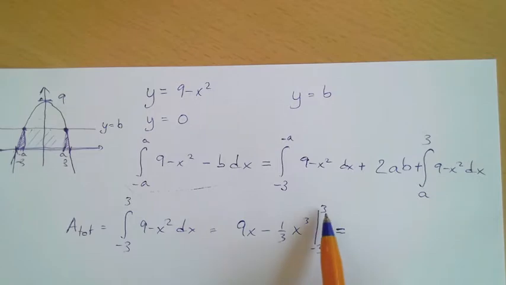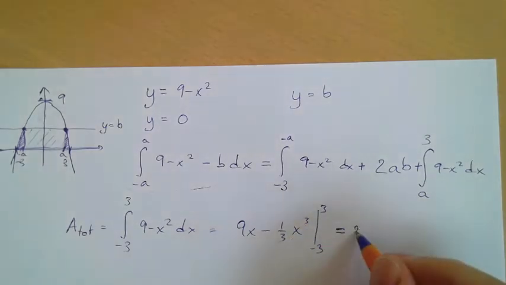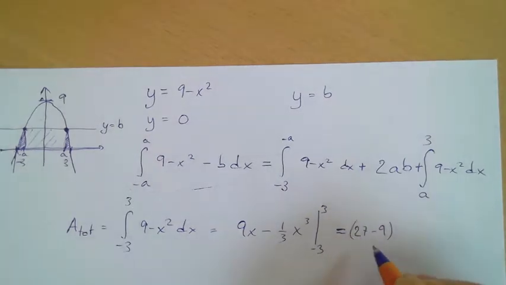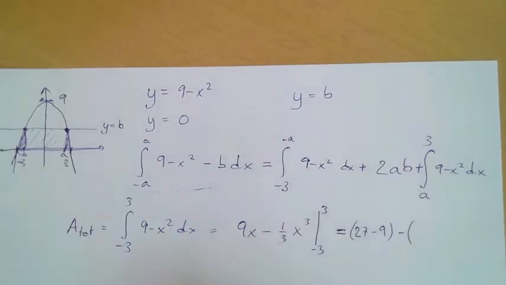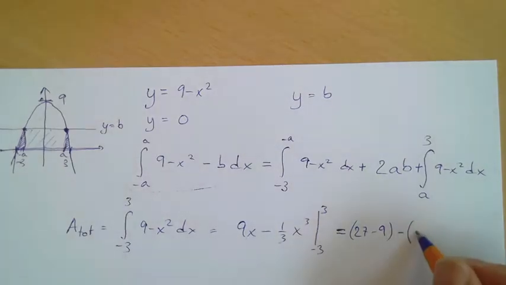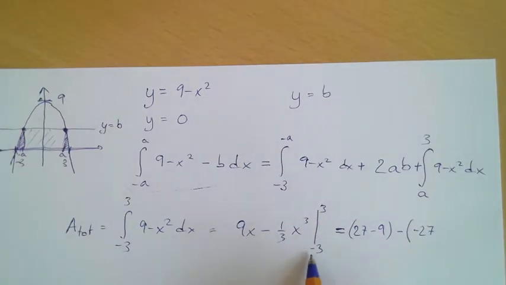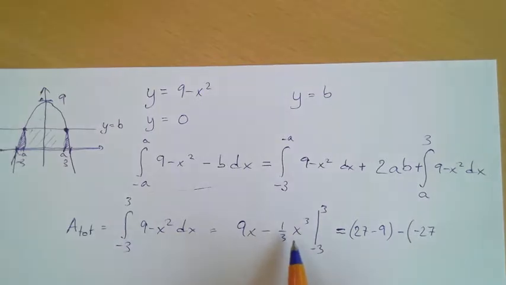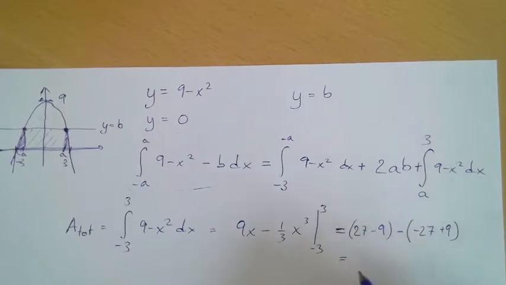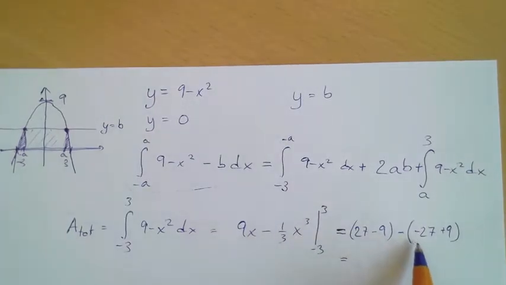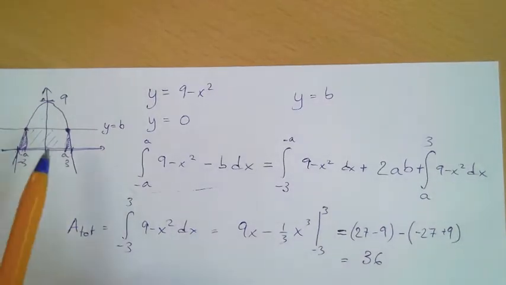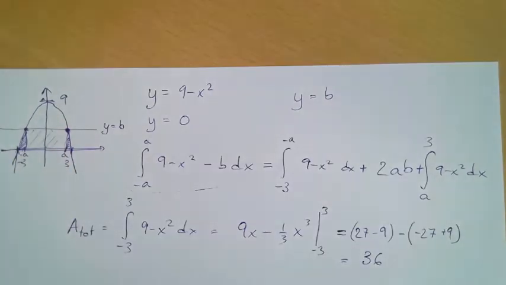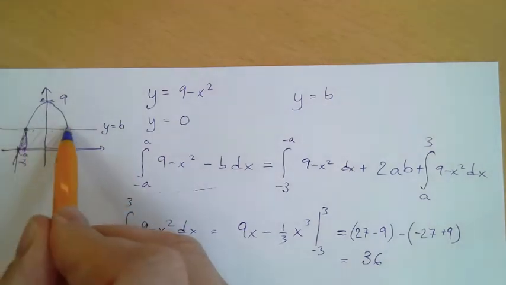If I plug this in, I get 27 minus 27 over 3, so 27 minus 9, minus -27, and now this is becoming minus 9, so plus 9. So that's 18 plus 18, 36. So the whole area is 36, and therefore we want the top part here to be equal to 18.